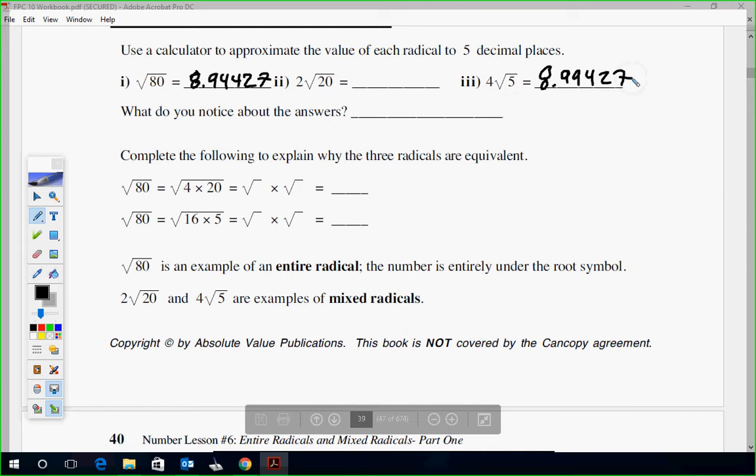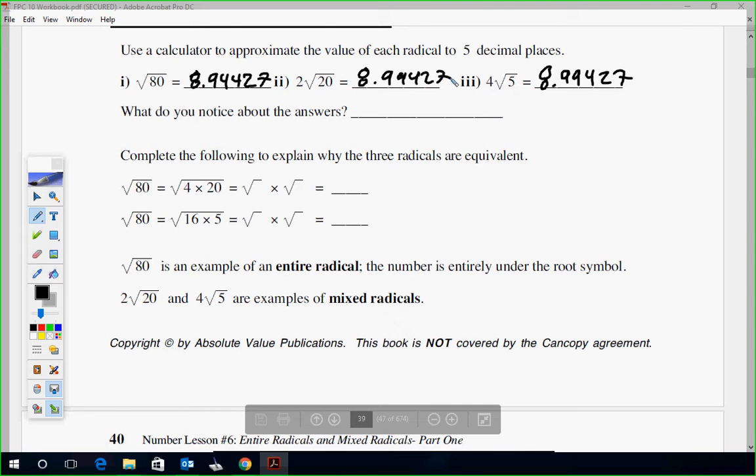It was 7. It was 0.71 after, so I counted 6. Well, 7-1 would be 7. Oh, yeah, okay. I got 8.94427. Okay, so the whole point is they're the same. All 3 of these values are equivalent.